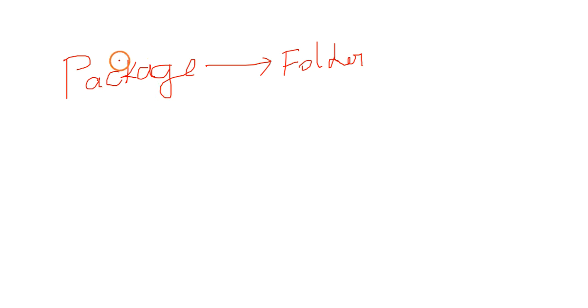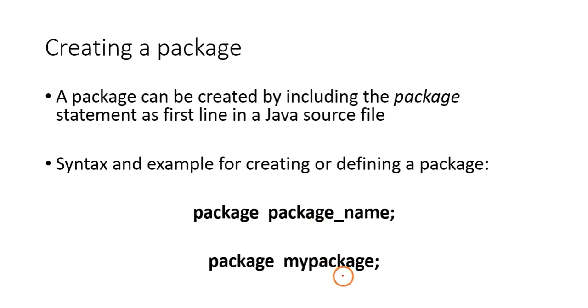Okay. So what does a package contain? Class files. So whenever you compile a Java program, class files are created, right? A package contains class files, or you can say Java bytecode. Okay, Java bytecode. Okay. Now, for example, in the previous slide, we have created a package called mypackage, right?